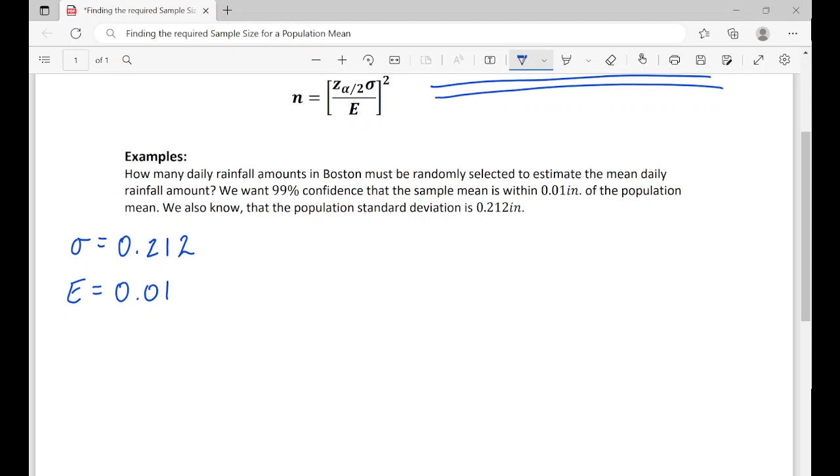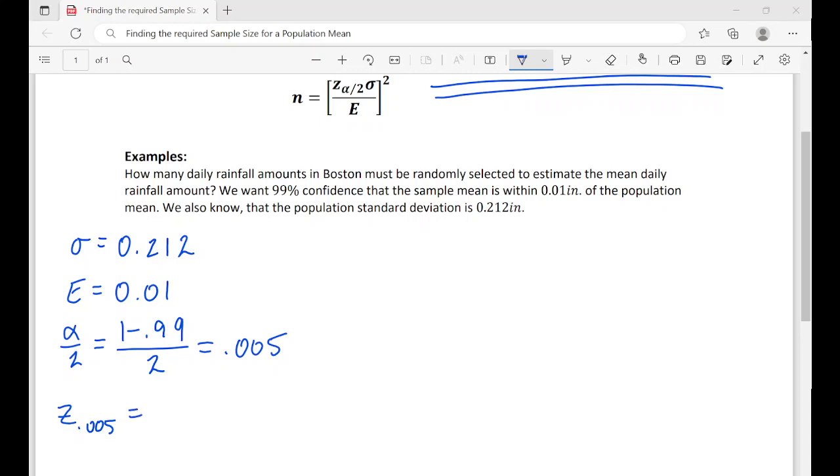And now we find our critical value, but to do that we have to find our alpha over 2. So alpha over 2 is going to be 1 minus 0.99, because that's how confident we want to be, divided by 2, and that's going to end up giving us 0.005. So we now need to find our z value, our critical value, 0.005.